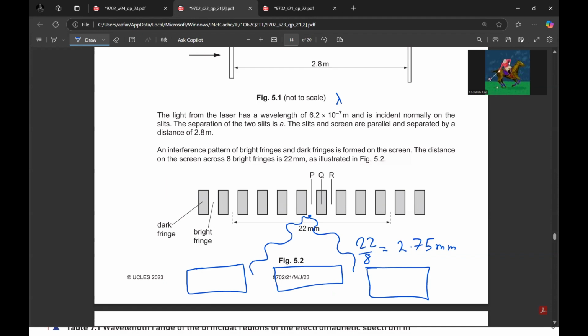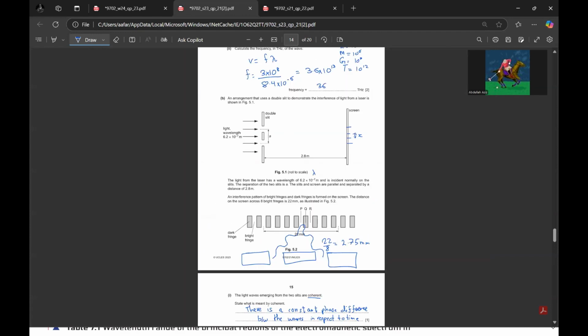Their amplitudes add up to create the bright fringe. But over here, at Q, it's a dark fringe. That means that there is a phase difference of 180 degrees. They are doing destructive interference. So that happens when there is a path difference of half a wavelength.